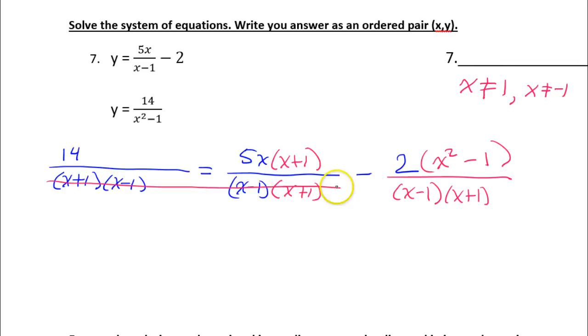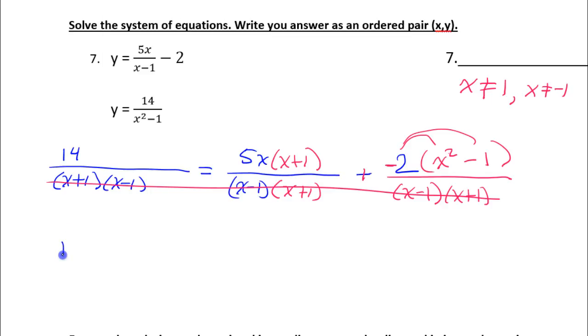So now I can cancel out these denominators and make a new equation. Alright, be careful with this minus sign. A lot of times what I like to do is I'll put the minus sign up here at the 2 like this. Bam! That way when I distribute later, I'll be sure to distribute with the negative, which is mandatory.